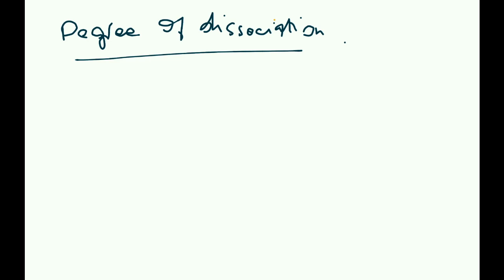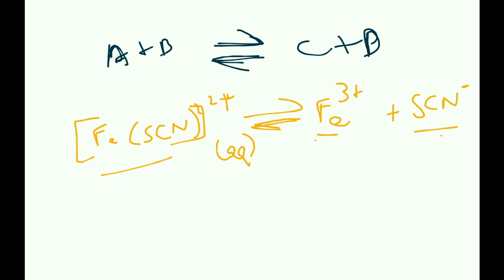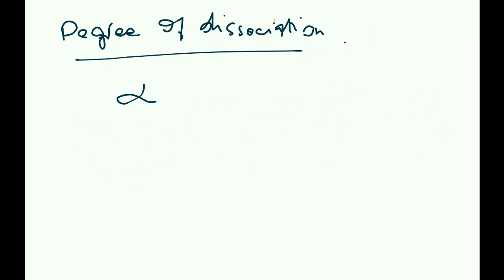Okay. So when we're going to work with ionic equilibrium, we're going to be dealing with something called degree of dissociation. I denote it by alpha. Since ionic equilibrium is dissociation of ions, my degree of dissociation is going to be the amount.